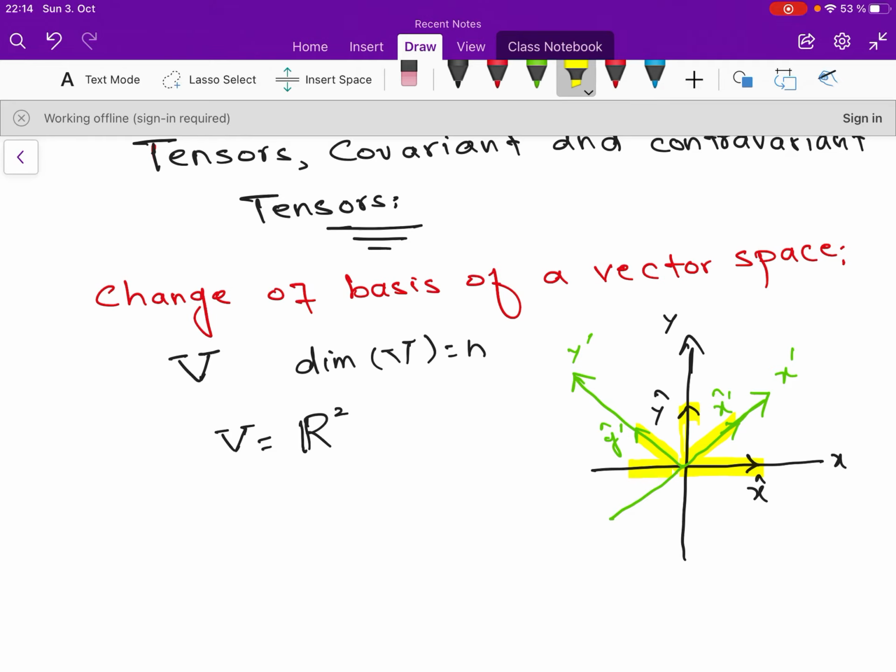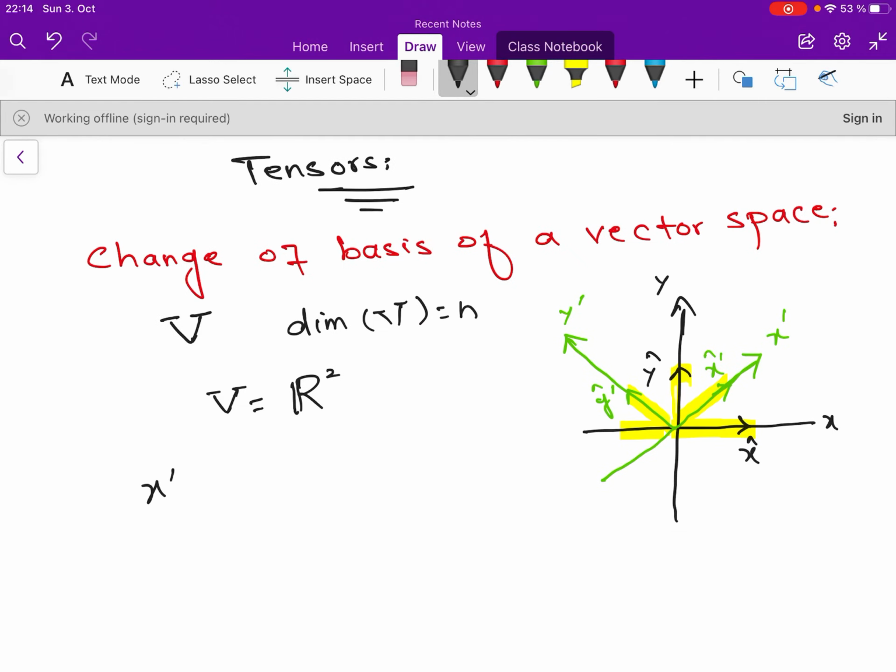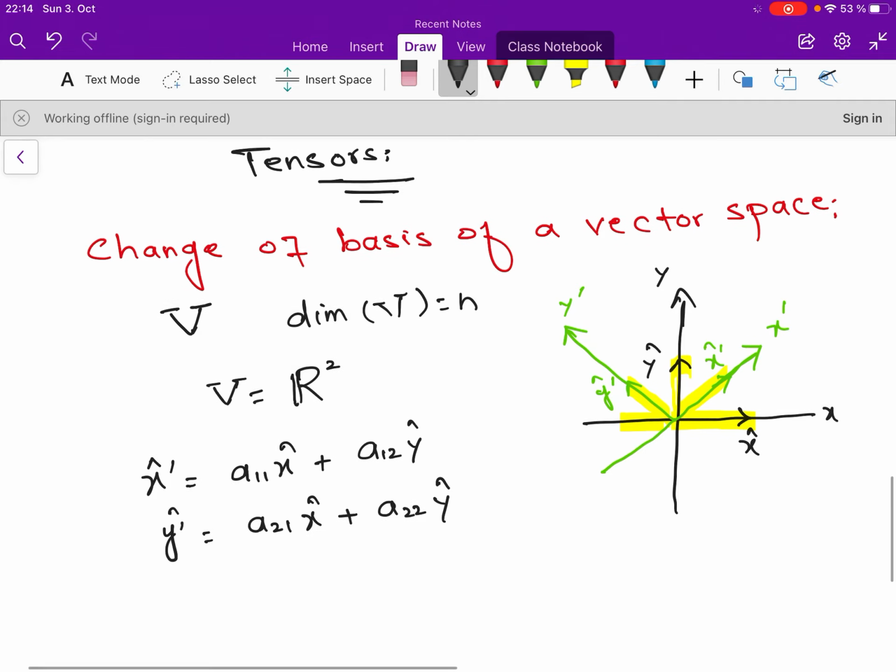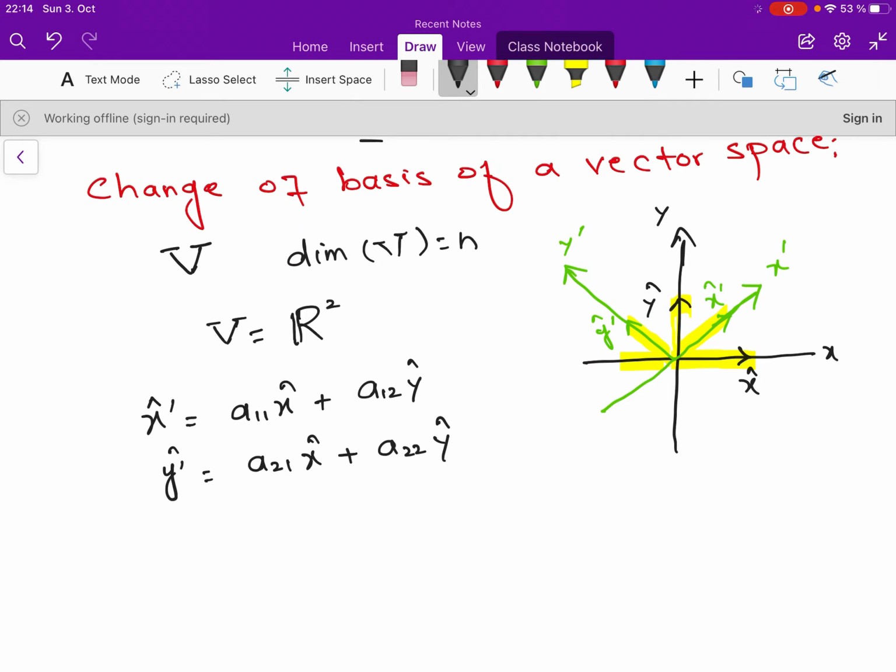So I can do this very easily, which means that I can write x prime cap as a linear combination of x cap and y cap. So this will become, let me say, a11 x cap plus a12 y cap. Similarly I can write the new y prime in this manner, a21 x cap plus a22 y cap, and this means I can write this also in terms of a column vector.